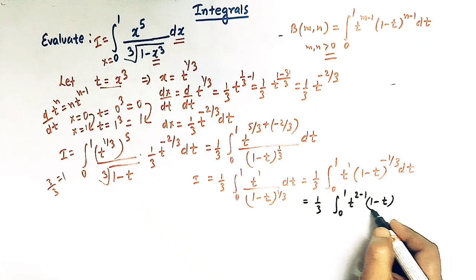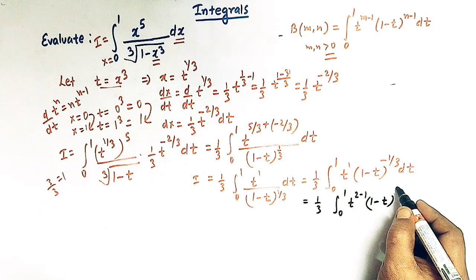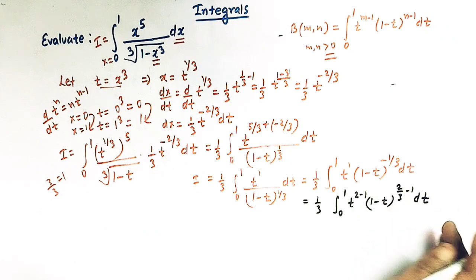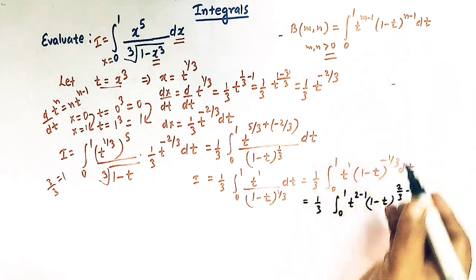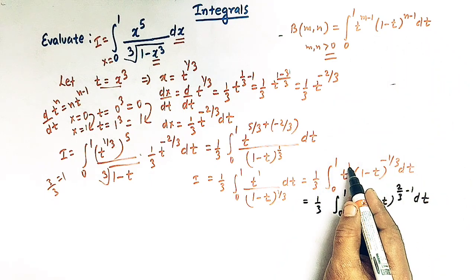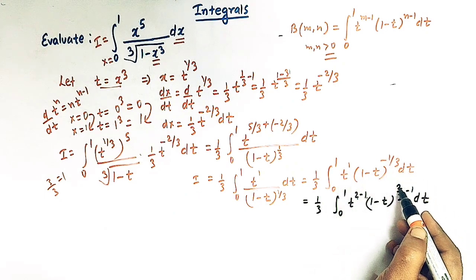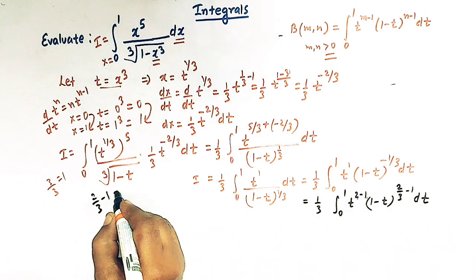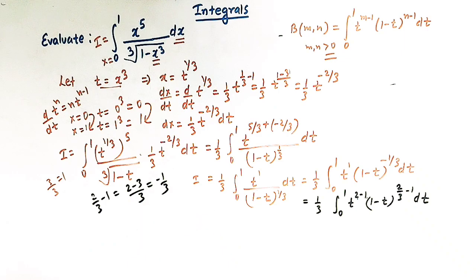And minus 1 over 3 can be written as 2 by 3 minus 1, because 2 by 3 minus 1 is 2 minus 3 over 3, that is minus 1 over 3.